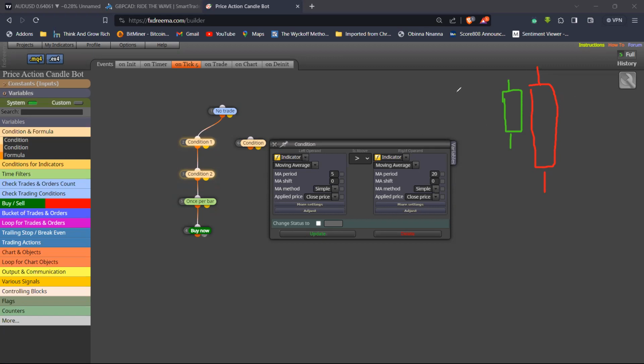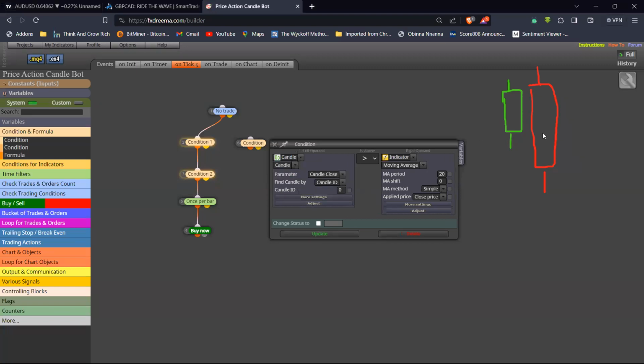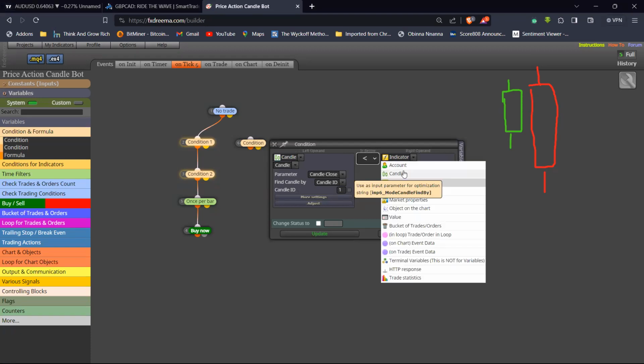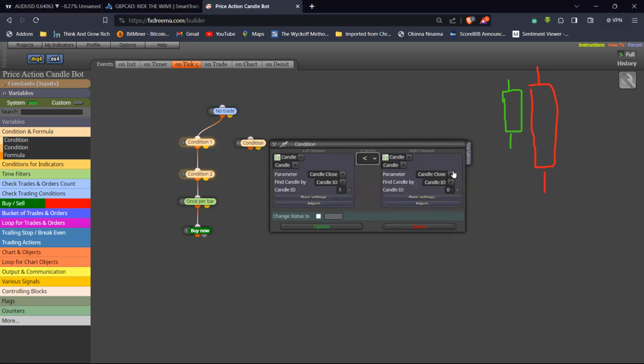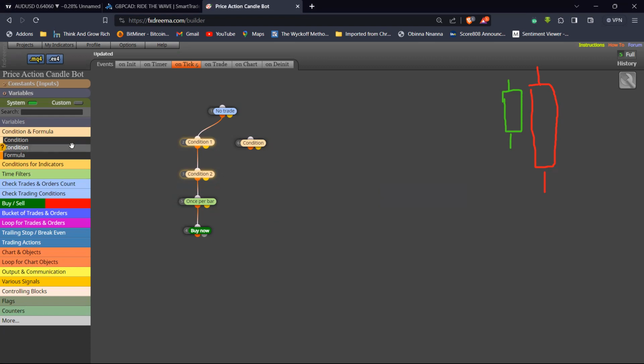So one of the first conditions would be that candle ID1's close is lower than candle ID2's low. Okay, so that's the first condition.